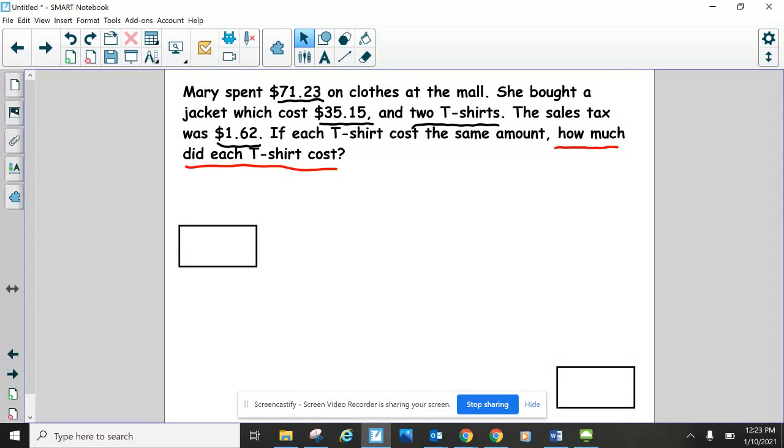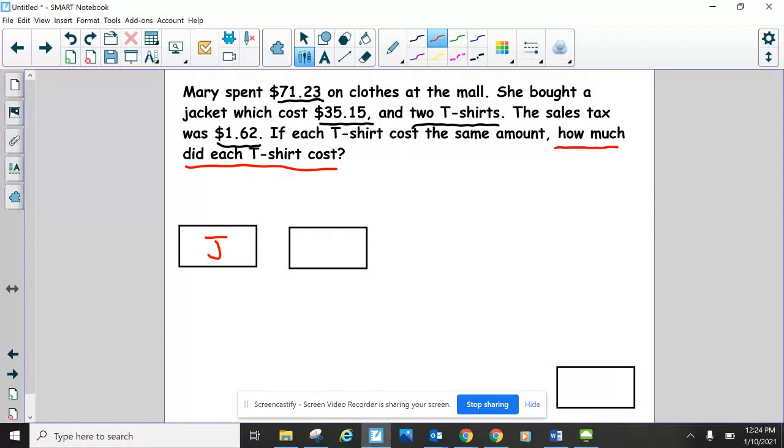And that should help us simplify things and find out the cost of the 2 t-shirts, which is what we need to find out. So the first thing we're going to do is take the price of the jacket, right? And then we're going to add that to the cost of the 2 t-shirts. I don't know the cost of the 2 t-shirts, but I'm just developing a plan right now. So plus 2 t-shirts, right?